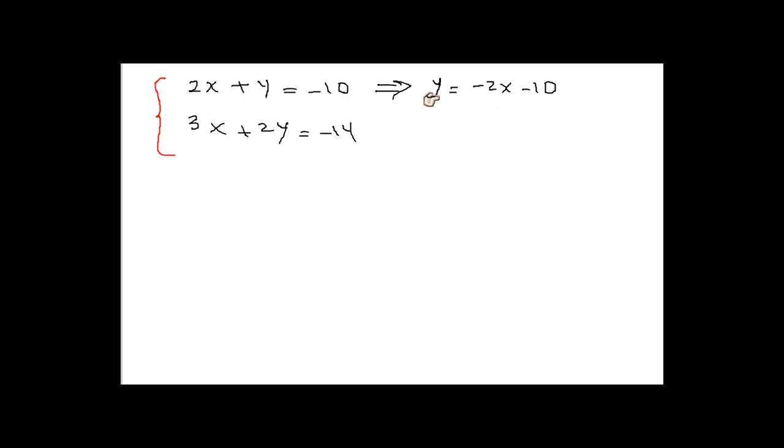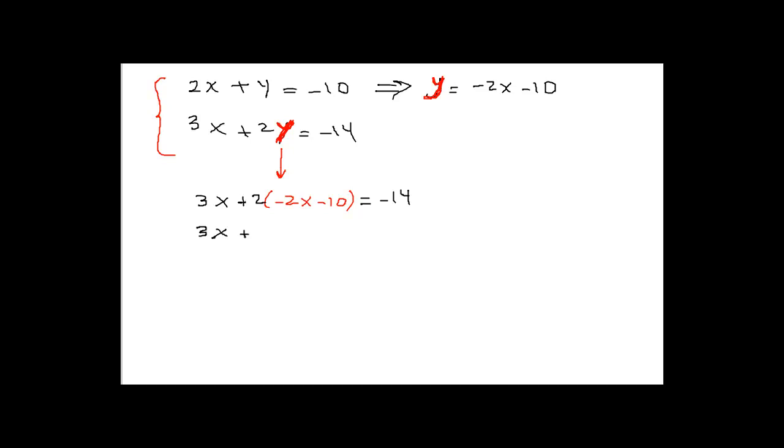Then I can substitute that back in for y here. So we're saying y is equal to all these in terms of x, so it would be minus 2x minus 10, and then we can simply solve for x that way. That's another way to solve for x using substitution method.